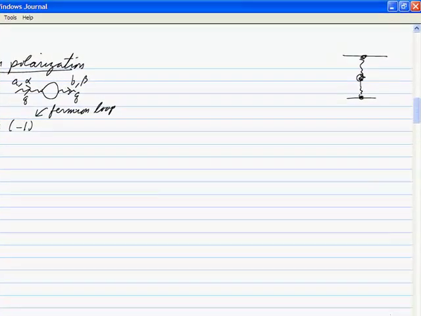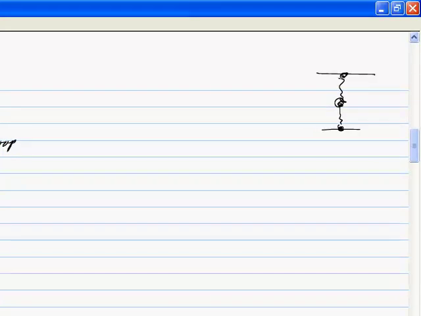Remember, whenever there's a fermion loop, you have an overall factor of -1. There's the integral d4p over 2 pi to the 4th. Then if I start someplace on this thing, let's start right here and go around. At that vertex, I have minus ig gamma alpha lambda a over 2.